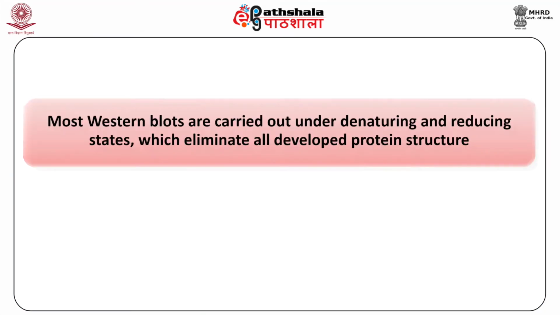Generally, Western blot positive antibodies identify a short linear sequence of amino acids present inside the protein that stays intact or becomes visible when the target protein is entirely unraveled, since most Western blots are carried out under denaturing and reducing states which eliminate all higher protein structure.